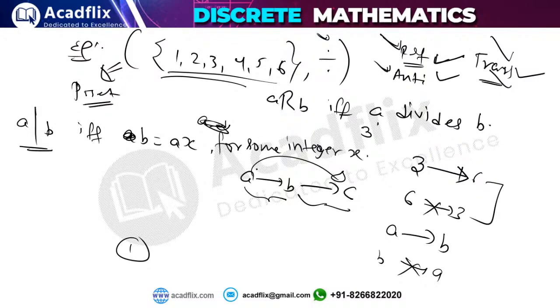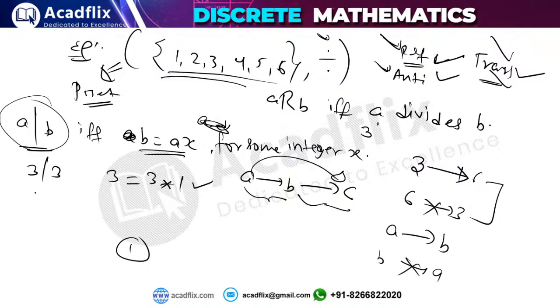This we already know, right? So the division property is like this: A divides B if and only if B equals A x for some integer x. For example, 3 divides 3. Why? Because 3 can be written as 3 into 1. So that's why you can say that 3 divides 3.